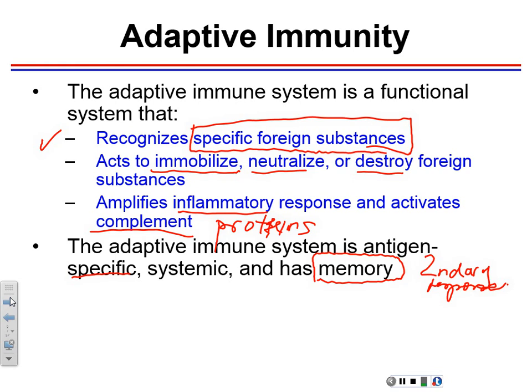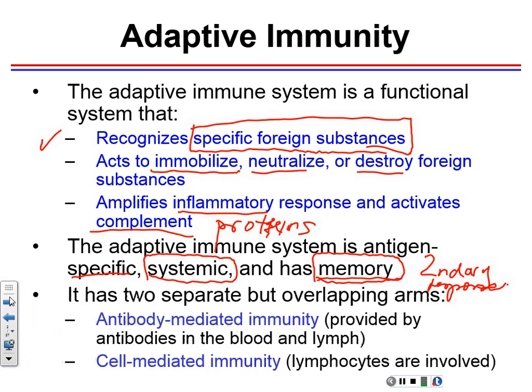And it's systemic, it is throughout the whole system, and these cells are moving in the blood, killing these microorganisms. So it's systemic, it's specific, and it has memory cells. This is the major difference between adaptive and innate. Adaptive has memory, okay?